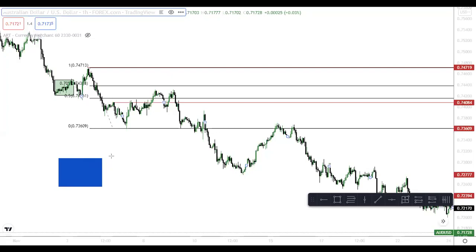Then we want to see both sides of the range get rated, the liquidity above and the liquidity below. Once it's rated, you want to refer back to the price action inside this range, looking for a buy signal right there.